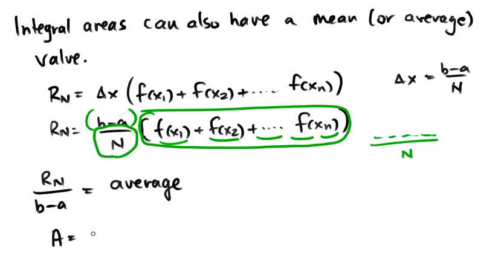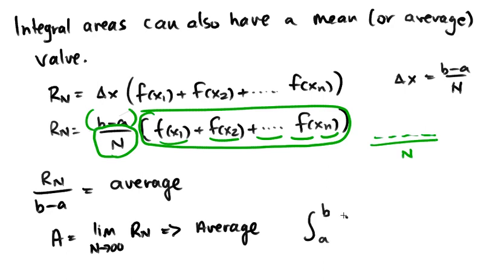So when you go to area, you're dealing with the limit as n goes to infinity of r sub n. But now when you're dealing with this average idea, you want to find this calculation instead. When you do the limit of r sub n, you're getting an integral from a to b of f of x dx. So that's this piece.